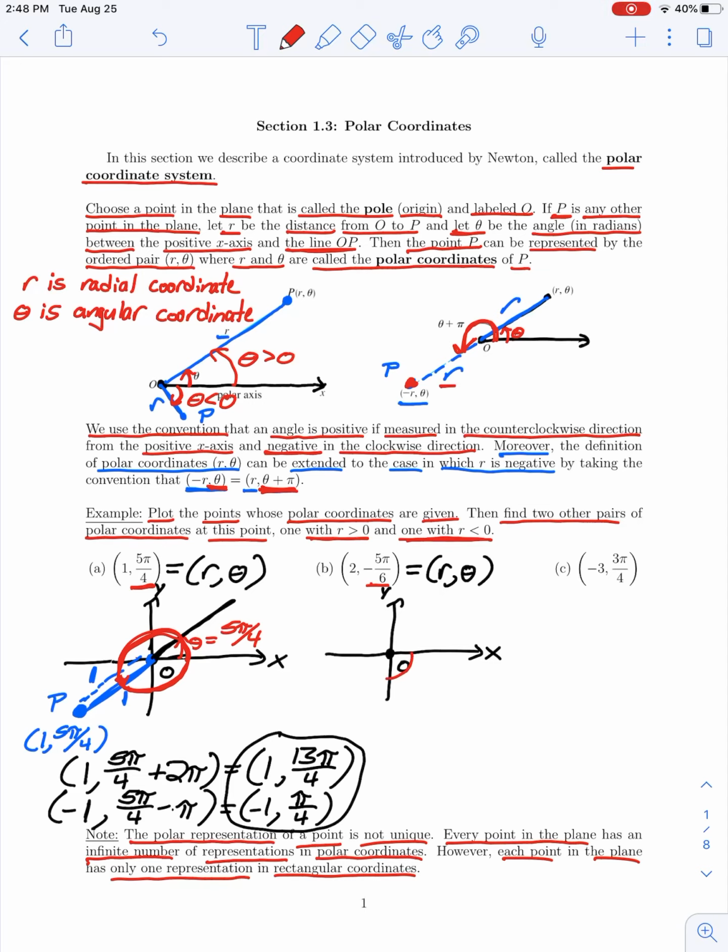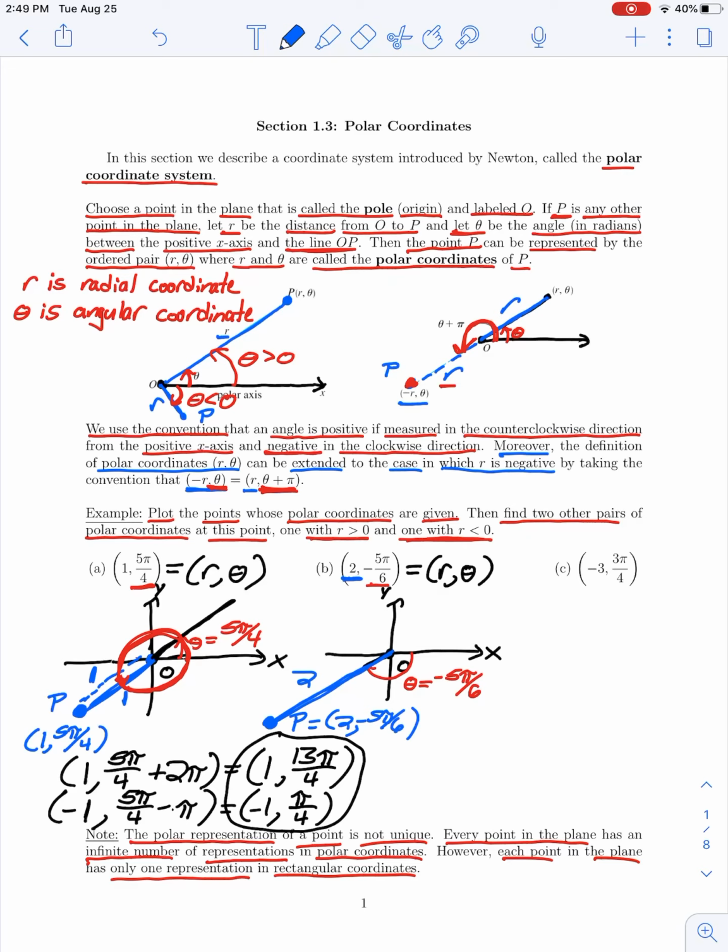So rotating 5 pi over 6 radians in the clockwise direction, we have a line defined by that angle, and our radial coordinate r was 2, which means along that line we're moving a total distance of 2 units outward. So this would be our point P, whose coordinates are 2, negative 5 pi over 6.